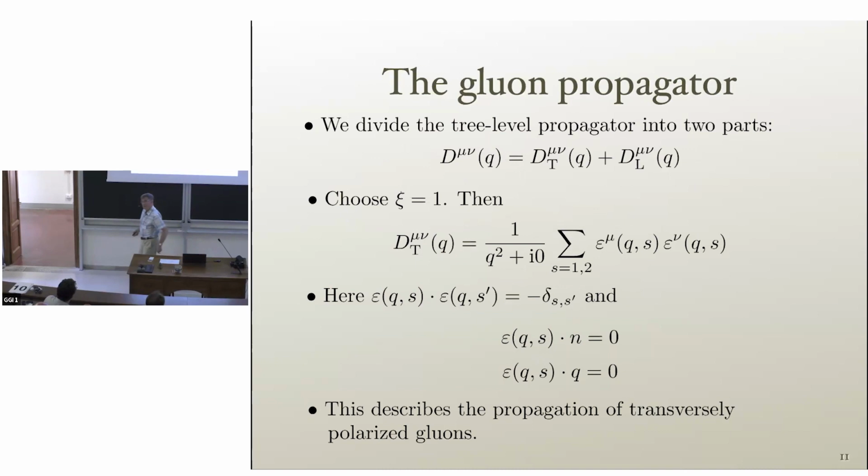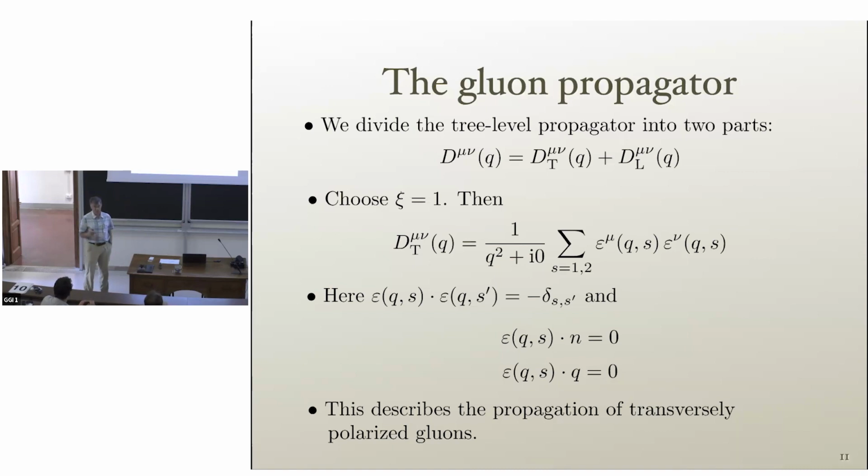Okay, so let me tell you about the complete gluon propagator. You can take D^{μν}, the tree level propagator, and divide it into two pieces, D transverse and D_L. D transverse is 1 over q² plus iε, times ε^μ ε^ν. Those are polarization vectors. There are two of them, and you sum over the two choices.